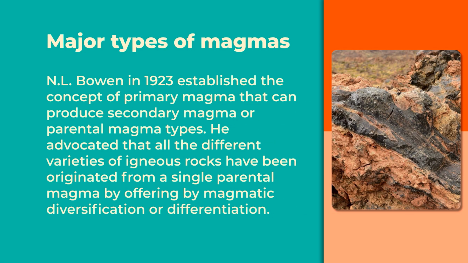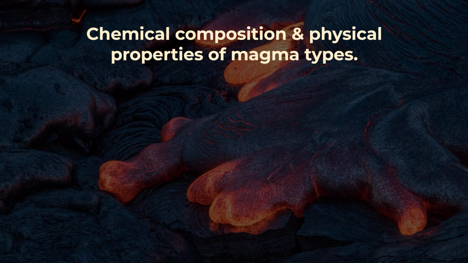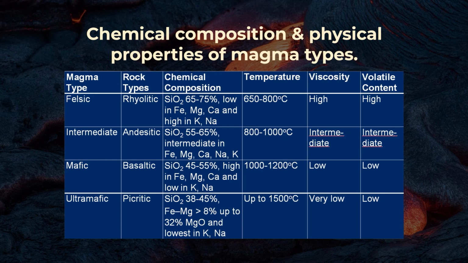N.L. Bowen in 1923 established the concept of primary magma. This primary magma can produce parental or secondary magma. Bowen advocated that different varieties of igneous rock originated from a single parental magma by the process of magmatic diversification and differentiation.